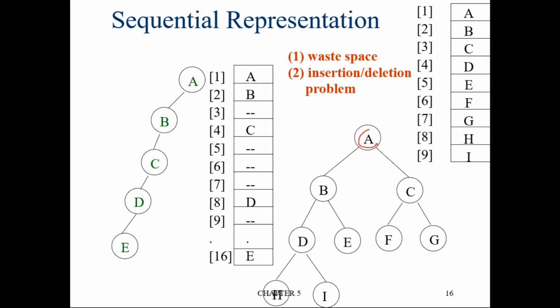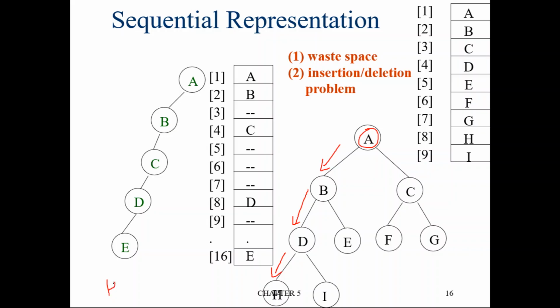Start with the root. Is it a left child of something? No. So go left. Is it a left of something? Yes. But is it a root of something? Yes. So it should not be visited yet. Go left. Is it a left of something? Yes. But is it also a root of something? Yes. So go left again. So H. Is it a left of something? Yes. Is it a root of anything? No. So we visit that.